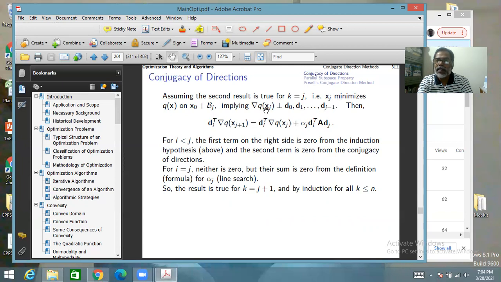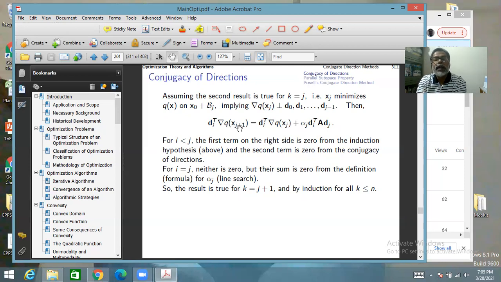That is, grad at xj is orthogonal to all the previous directions, 0 to j minus 1. And this is 0 because of the conjugacy of directions, because dj is a conjugate direction to all the earlier ones. The directions are mutually conjugate. So for i less than j, this is 0, this is 0. So the sum is 0. And you have got what you wanted for k equal to j plus 1.